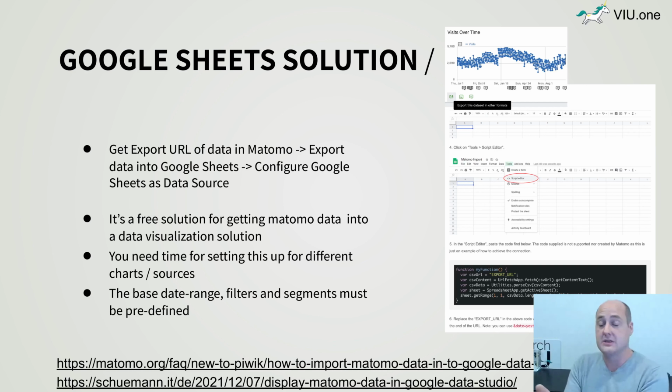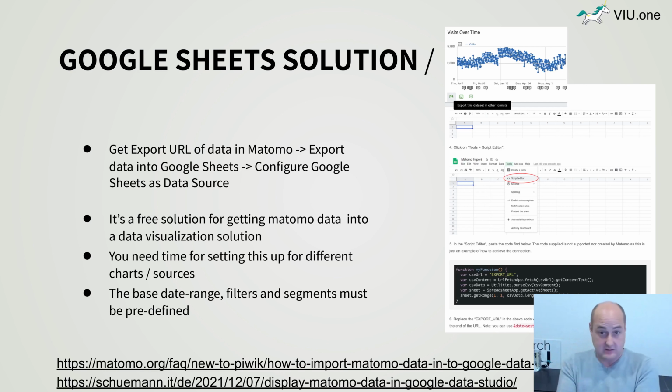The process is: below each chart you have an option to export data, and you can get its URL, and with a workaround you can export the data to Google Sheets. So the data is then in Google Sheets, and you can configure the visualization tool to use that Google Sheet as the data source. You will find here two links, one with information on Matomo.org and another that describes this process step by step.